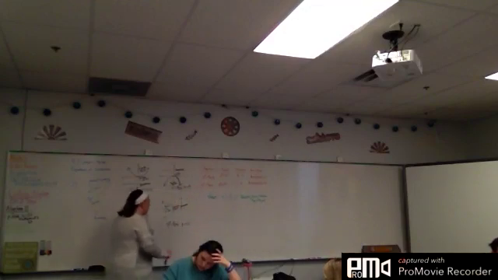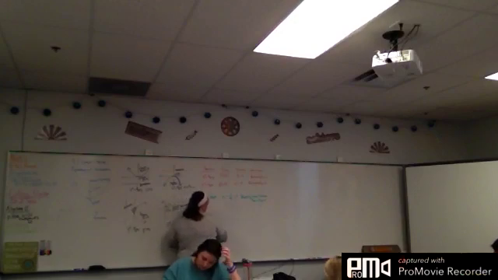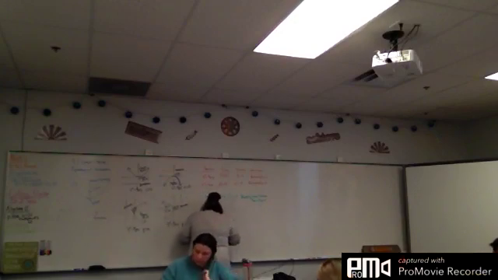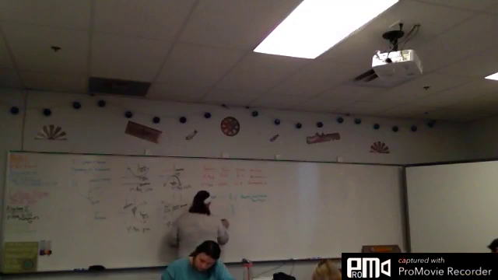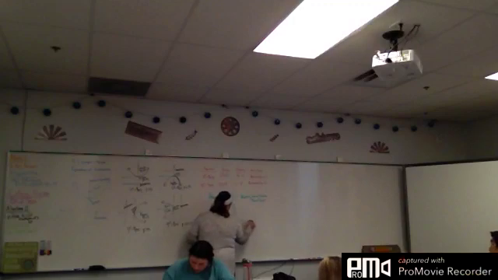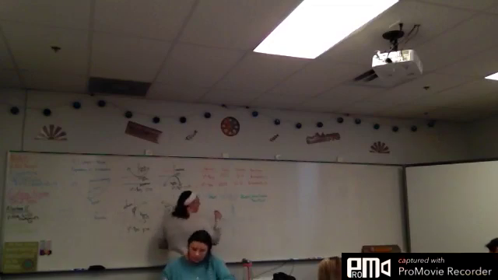Then we get here where it says graph x equals negative 1/8 y squared. Can I graph that? You have to get it to a form where you have y squared equals.